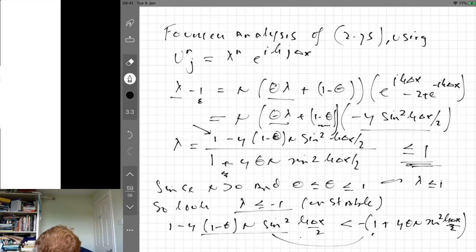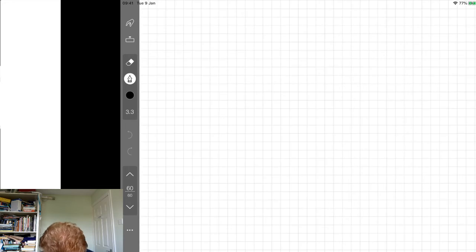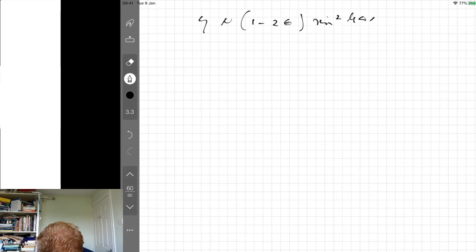And this minus 1 you bring to the left hand side, but then you read it from right to left. Then you get 4 mu (1 minus 2 theta) times sine squared k delta x over 2 is bigger than 2.